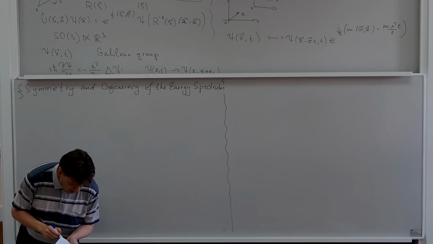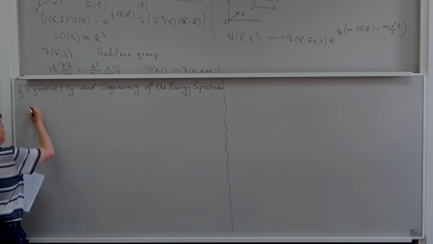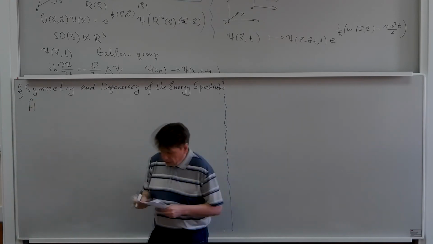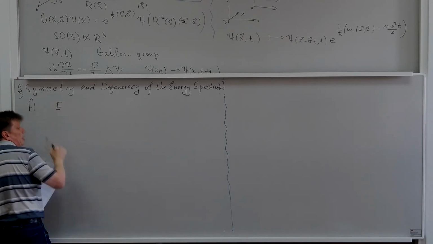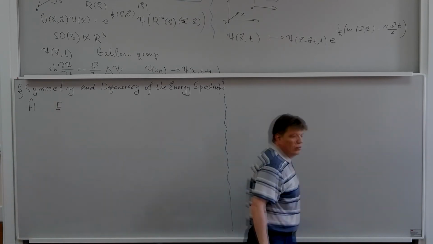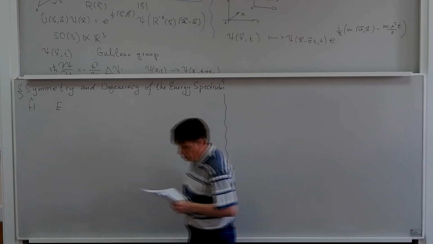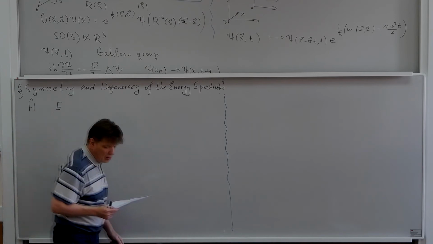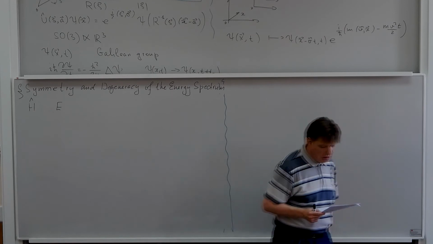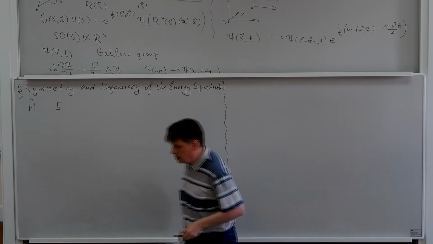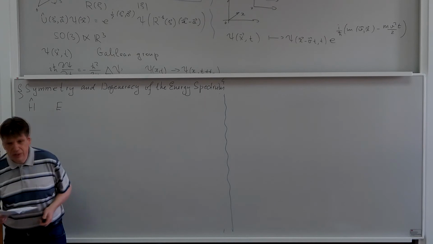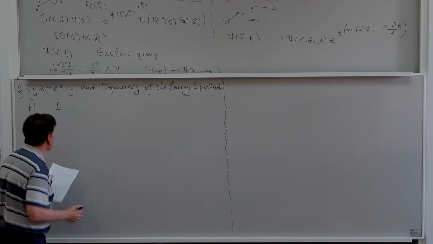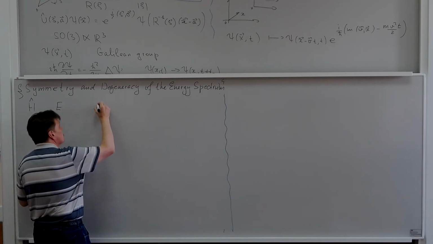So consider some quantum mechanical system with a Hamiltonian H, and let E be its eigenvalue, some energy value from the spectrum of the Hamiltonian H. Generally, this eigenvalue E may be degenerate, meaning that there are several linearly independent stationary states with the same energy E. Then the states span some subspace.